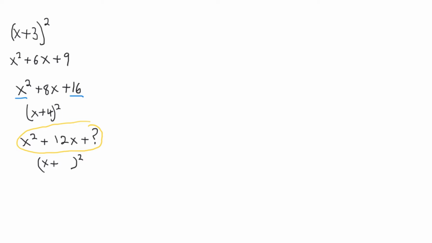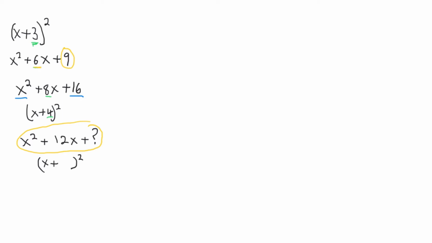Well, if we look back at these first two examples, we see this value of b, which is 6, and how does it relate to that value of 3? Well, that seems to be half. And then here, 4 is half of 8. And then the last term, in this case 9, is 3 squared, or half of 6 squared.